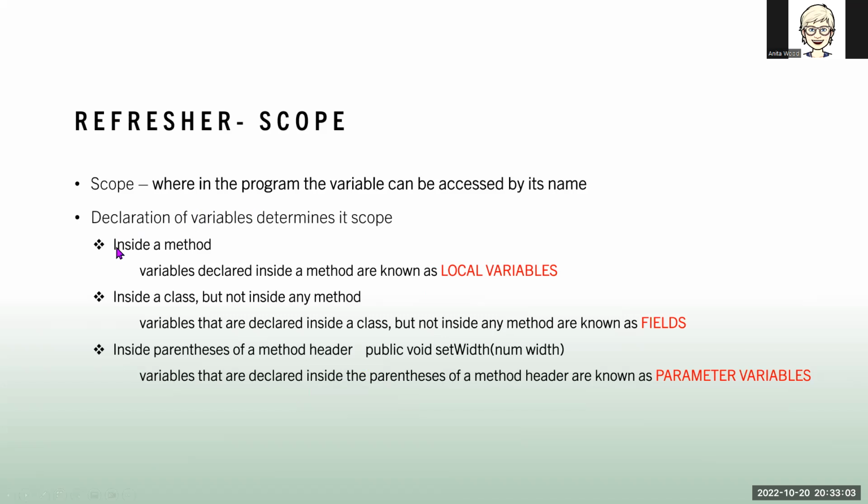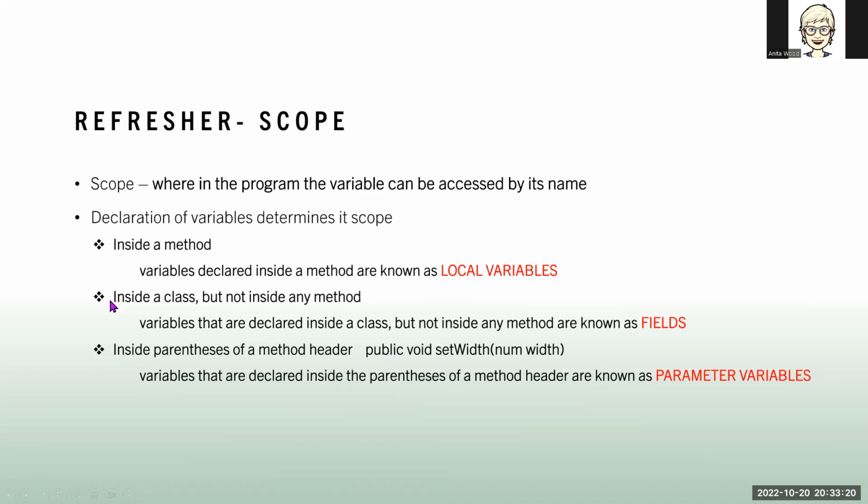I can declare a variable inside a method. Now when I do that, the variables that are declared inside a method are going to be called local. Now don't try to memorize this or write this down. I have a picture.